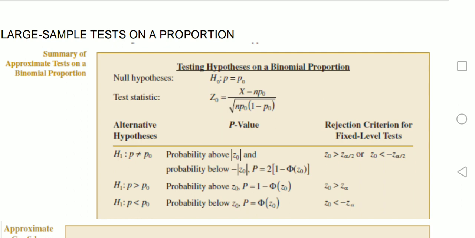So here also we have the null hypothesis format of H naught is P equal to proportion value P naught, and for the test statistic we follow the Z distribution. Z is equal to x minus mu divided by sigma. Mu is the expected value of the binomial distribution. Sigma is the standard deviation of the binomial distribution.